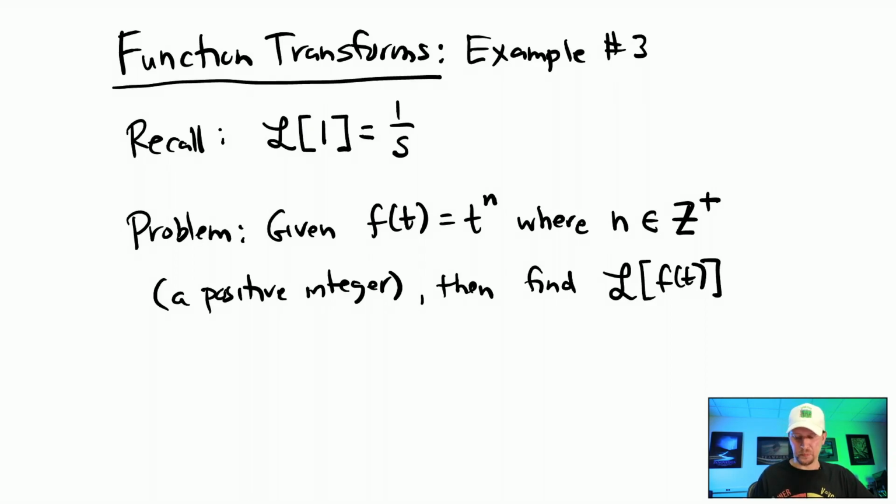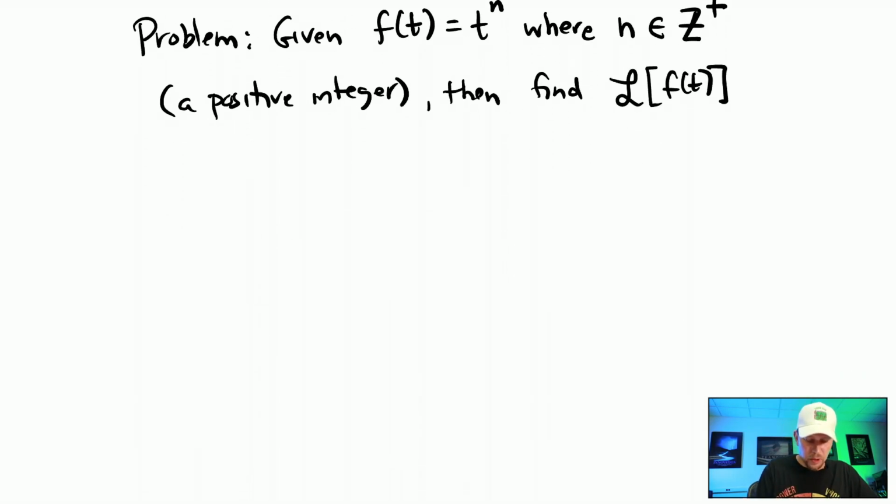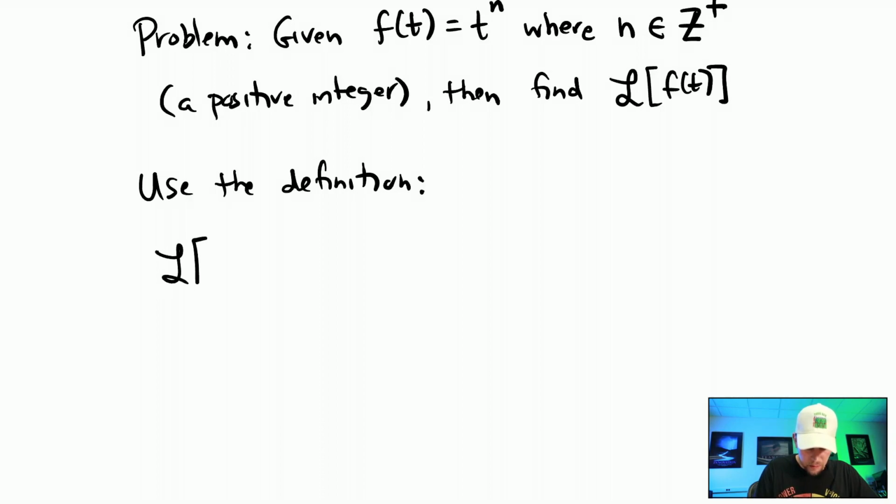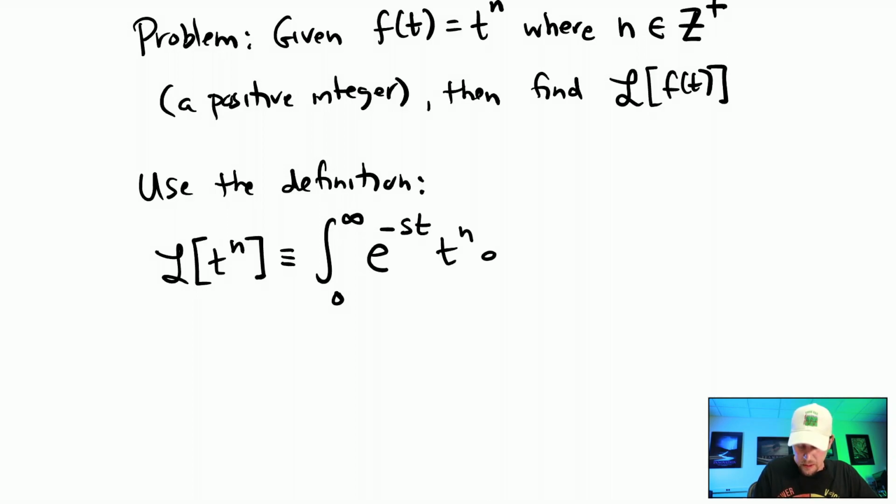Right? So again, we're going to go back to the definition, or we're going to use more like the definition. And in the definition, if we're actually taking the Laplace transform of t to the n, we're computing the integral from 0 to infinity of e to the minus st times t to the n dt, like this.